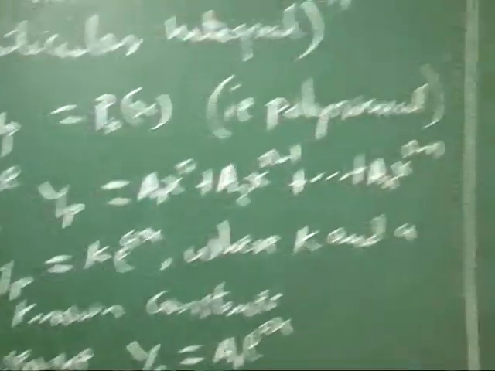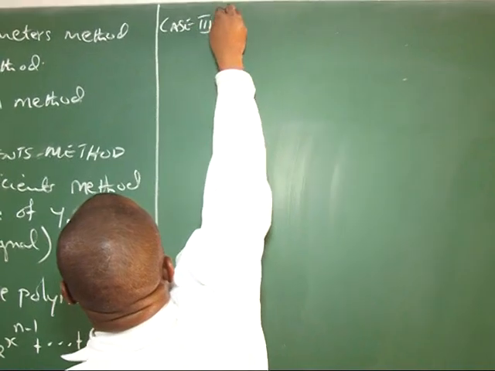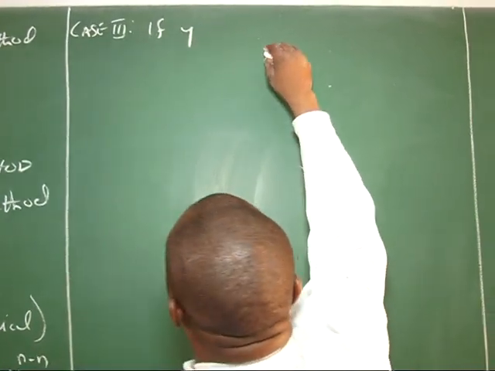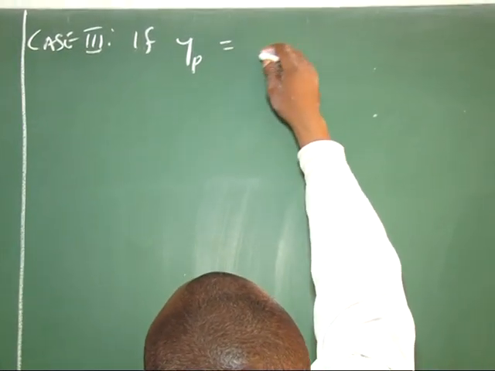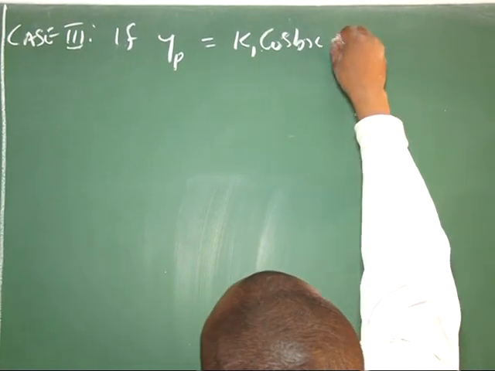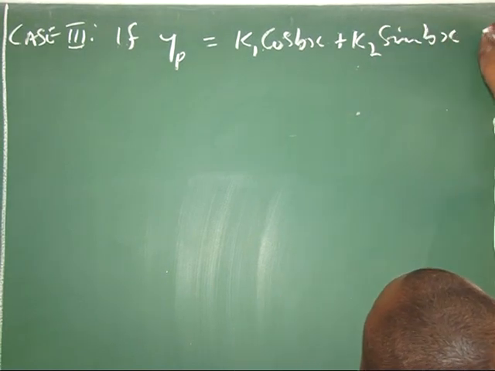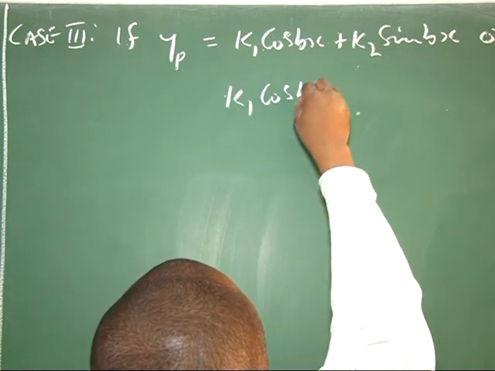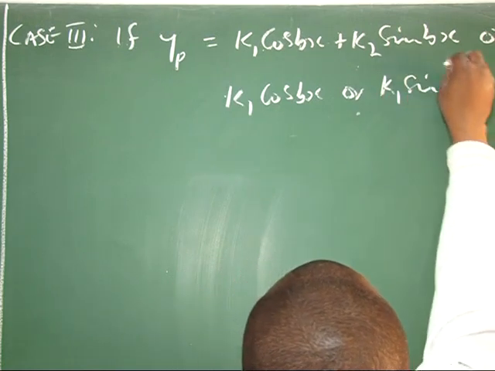Alright, another one. Case 3. If yp is equal k1 cos bx plus k2 sin bx, or k1 cos bx or k1 sin bx.